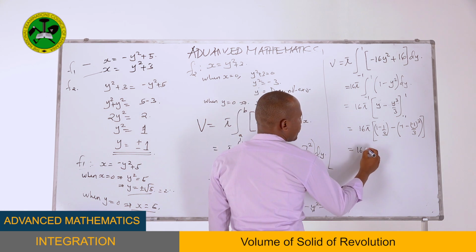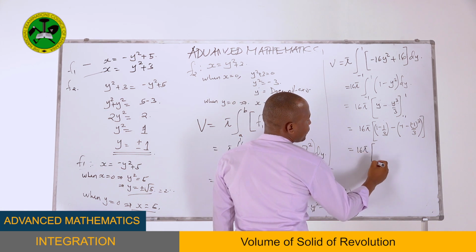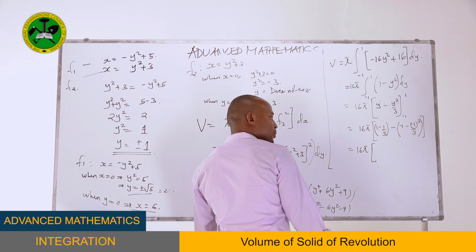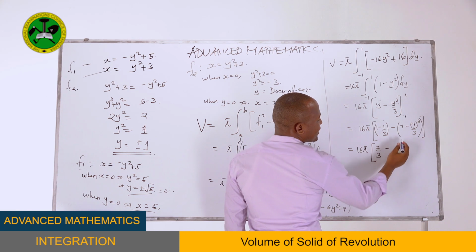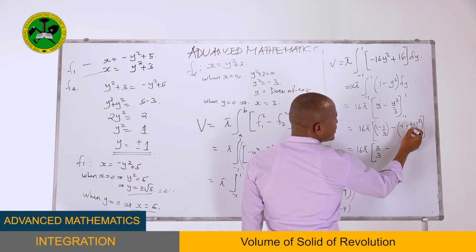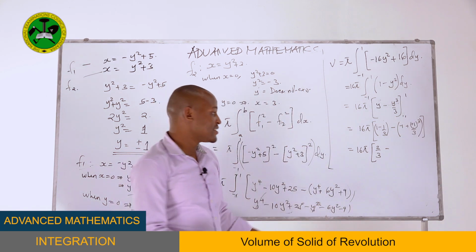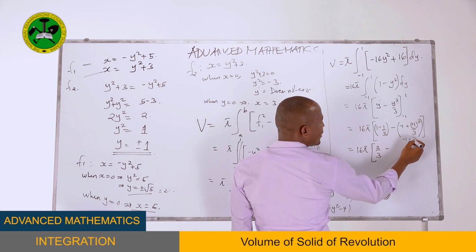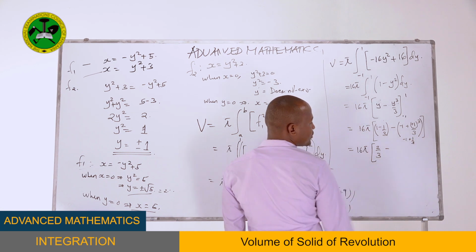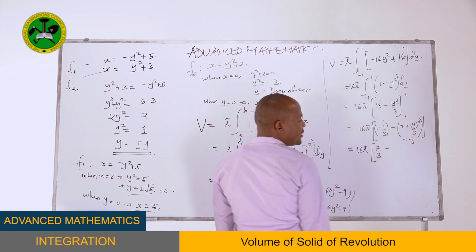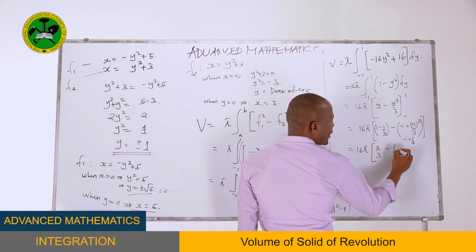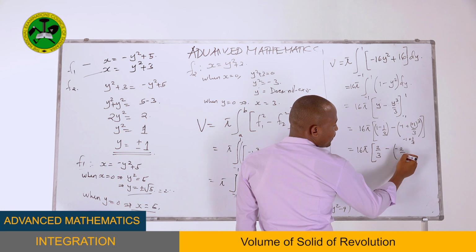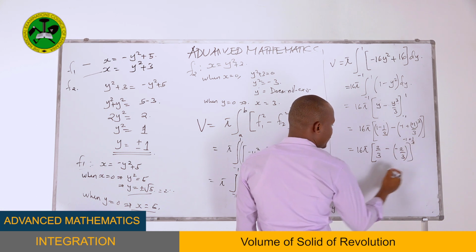Now it is 16 pi. Then if you subtract, be very careful there, it will be 2 over 3 minus, let's simplify that. This will be negative, so it will be a negative 1 plus 1 over 3. And that means there will be a negative 2 over 3.